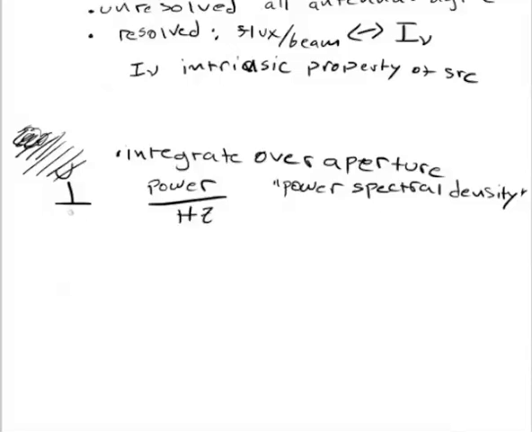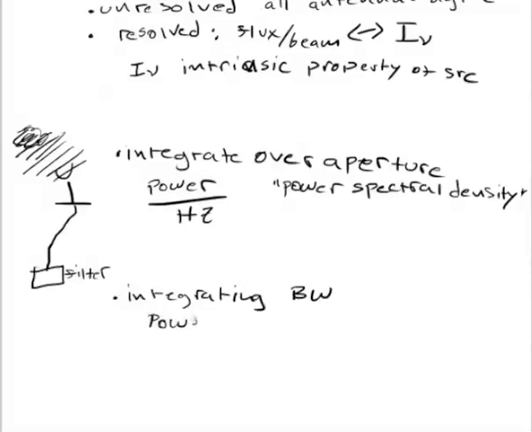Now, once our antenna has the signal, we feed it down through some type of filter. When we feed it through the filter, we are integrating over the bandwidth. Hence, we are left with power.